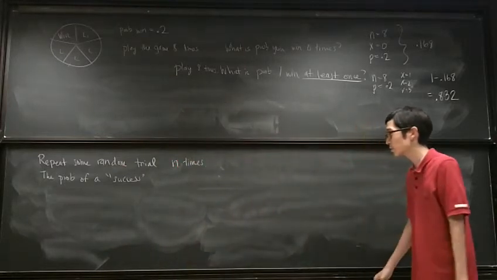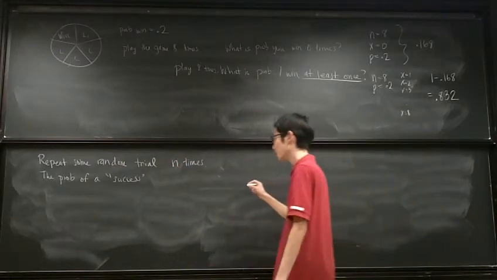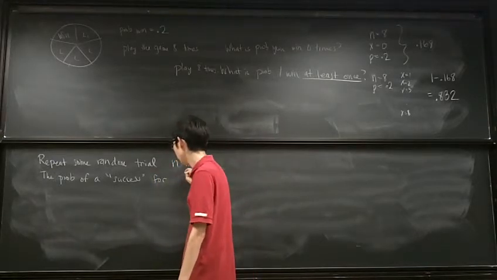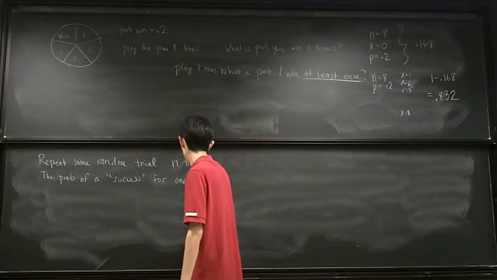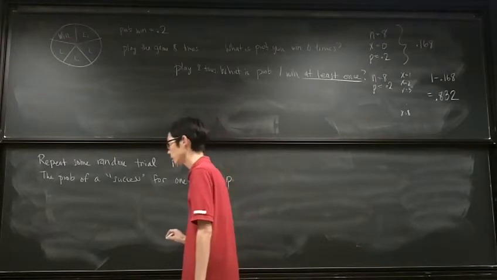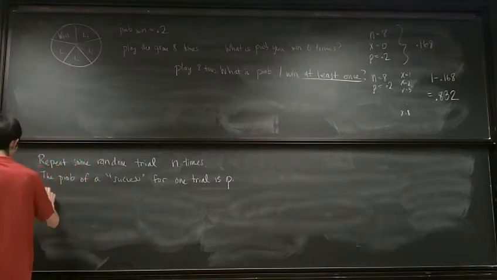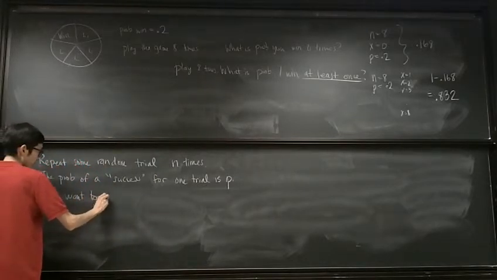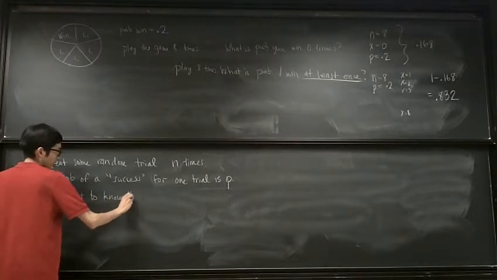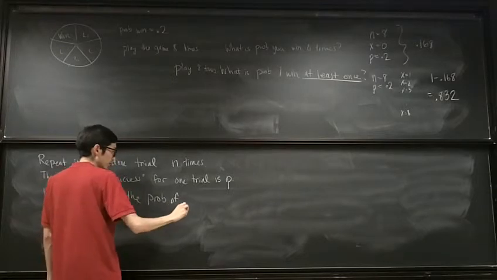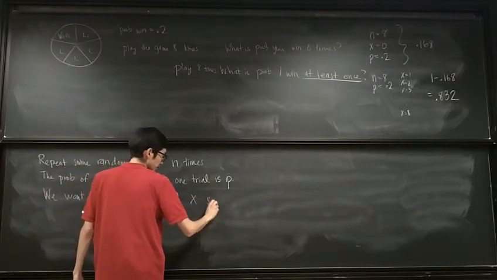The probability of a success for one trial is p, and we want to know the probability of x successes.